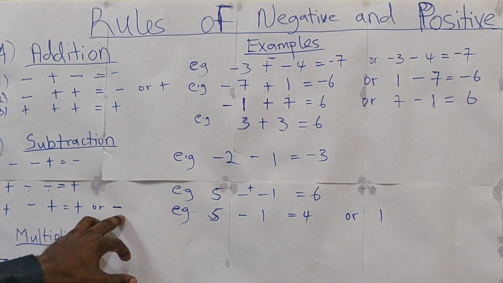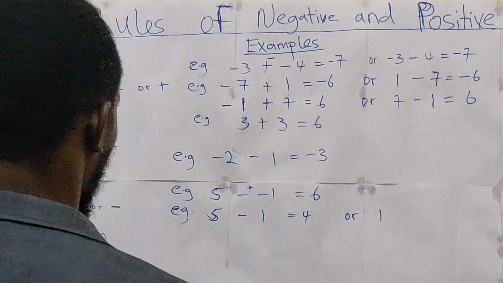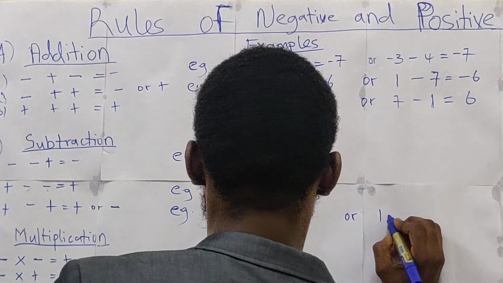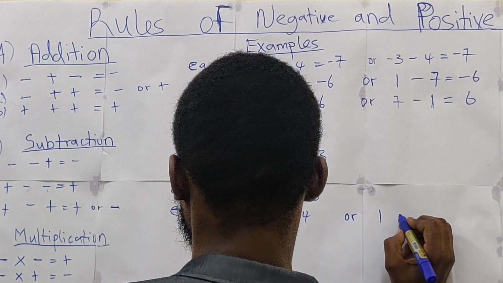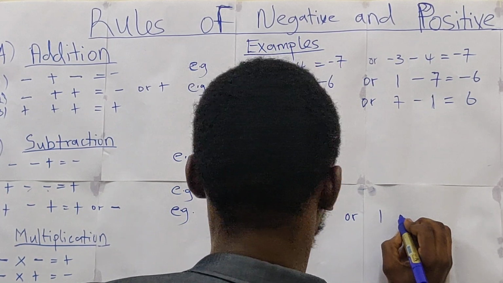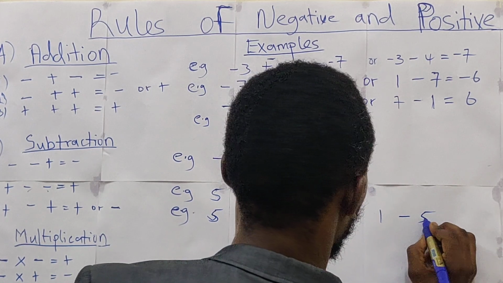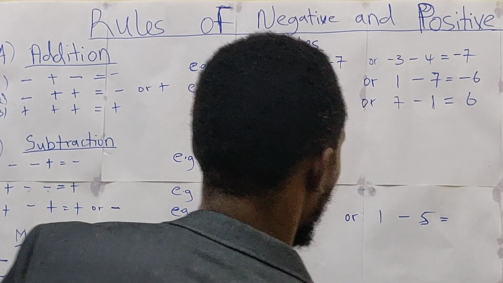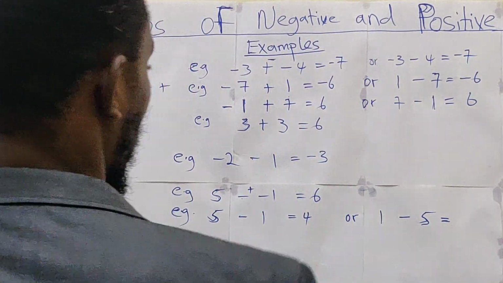Now for the negative, let's interchange this number. We have the negative 1 minus 5. 1 minus 5.